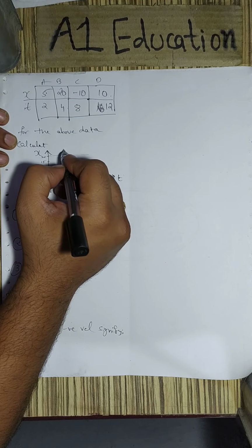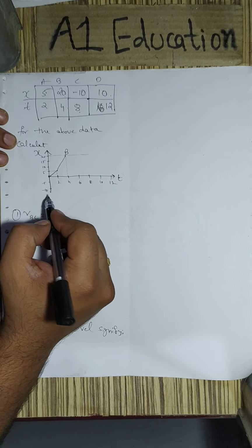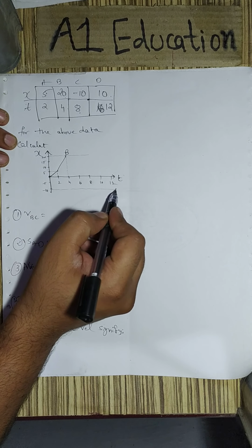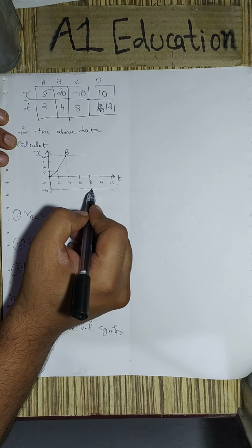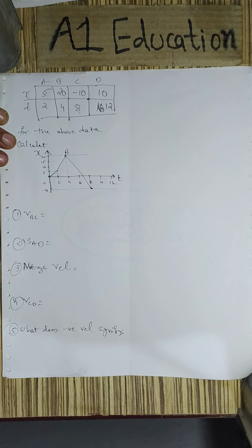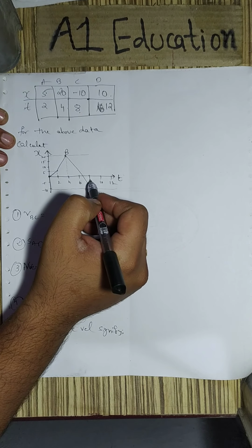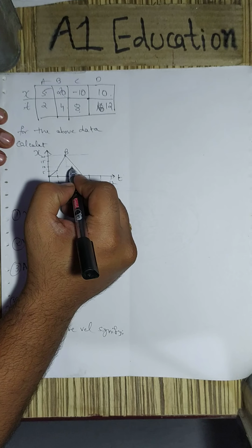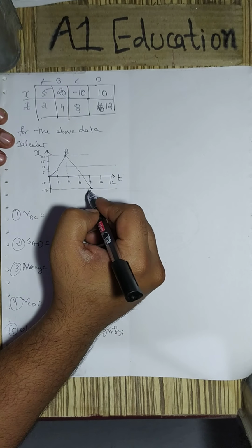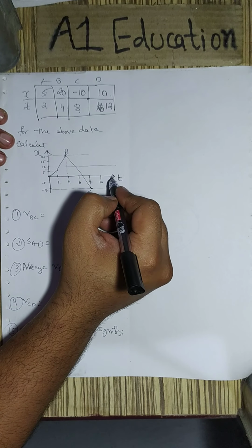So this is position B. Then at the 8th second it is at position C. C is minus 10. So at 8 the graph will cross like this. So this is the point C. At minus 10 the time is 8 seconds, and at plus 10 the time is 12 seconds.